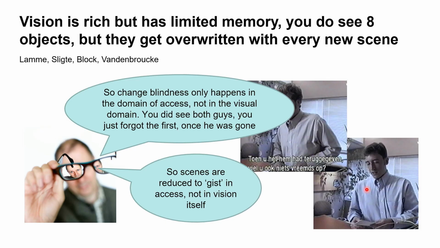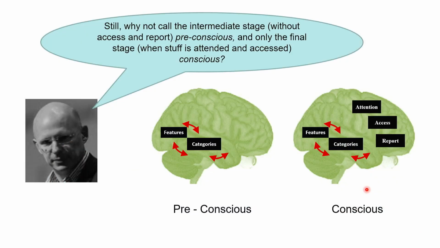And also your scenes are not reduced to gist. I mean, that happens in access, but not in vision itself. Now, of course, one of the counter arguments that have been made is, yeah, that's all very nice, but what good does it do to have fleeting visual percepts that are very fragile, not even memorized, that you cannot report about?